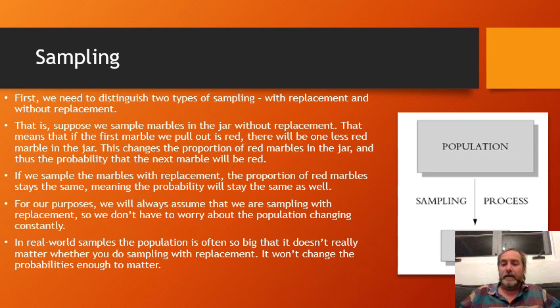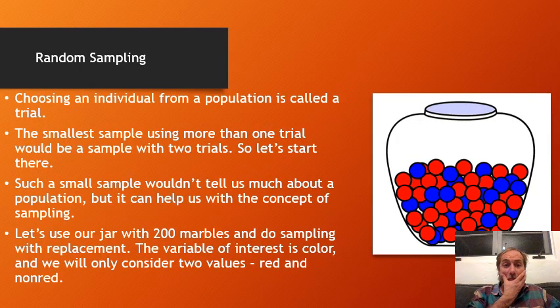If I'm sampling out of the US male population, of like 150 million people, and I pull one male out and set him aside, it technically changes the probabilities of the next draw, but the change is so infinitesimal that for all practical purposes we can treat it like sampling with replacement.